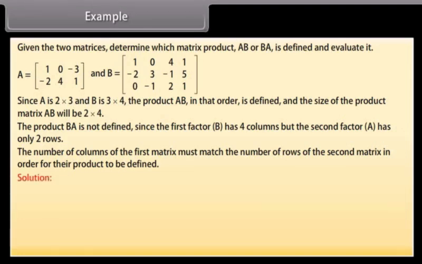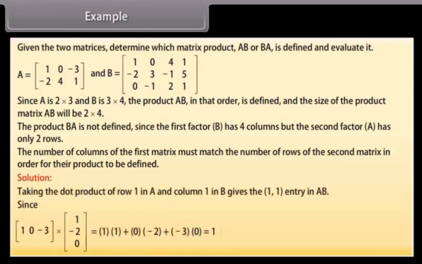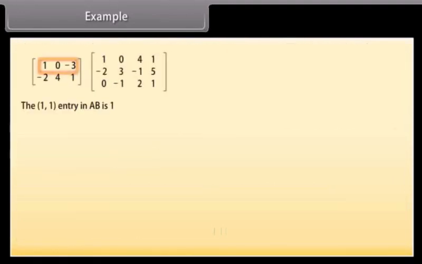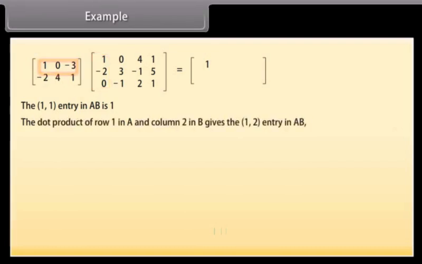Solution. Taking the dot product of row 1 in A and column 1 in B gives the 1, 1 entry in AB. The 1, 1 entry in AB is 1. The dot product of row 1 in A and column 2 in B gives the 1, 2 entry in AB.